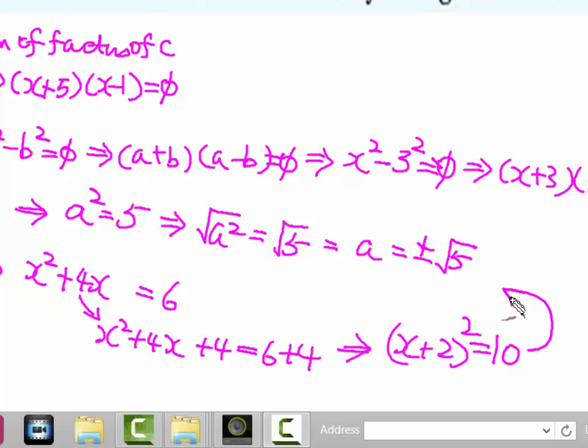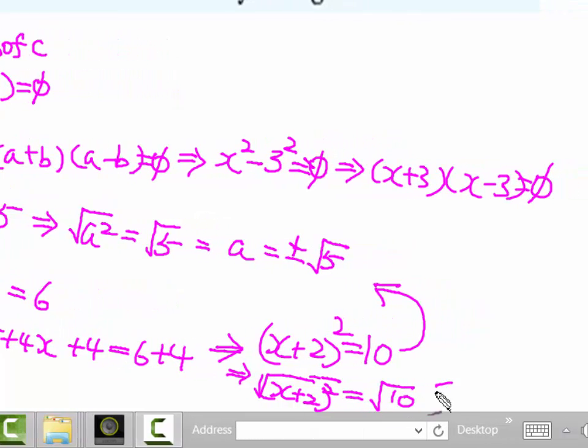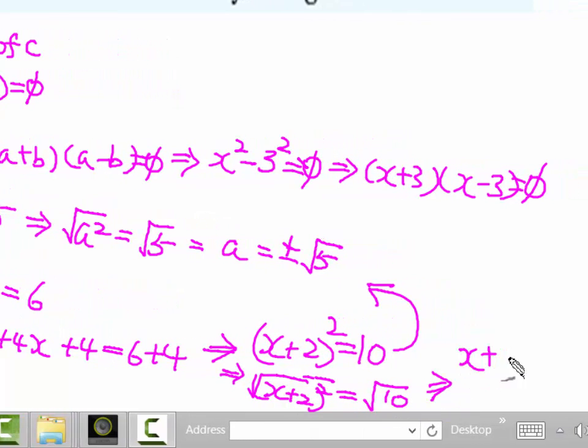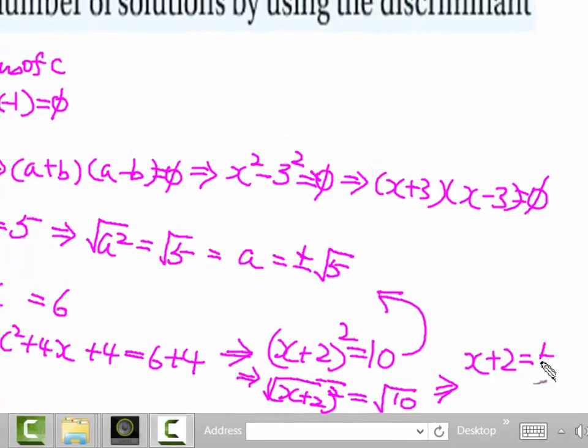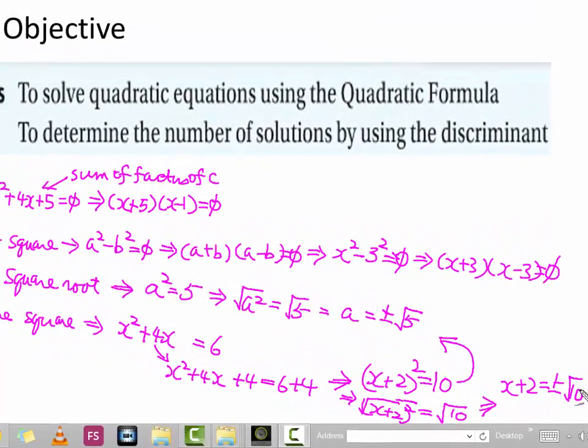Then we can use the applying the square root method. We take the square root of both sides, so x plus 2 equals plus and minus square root of 10.